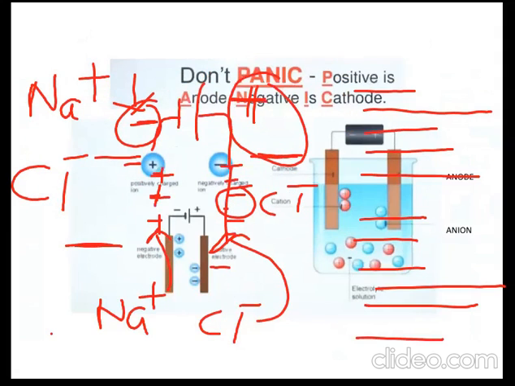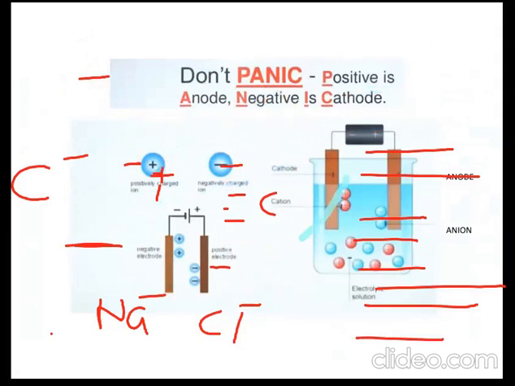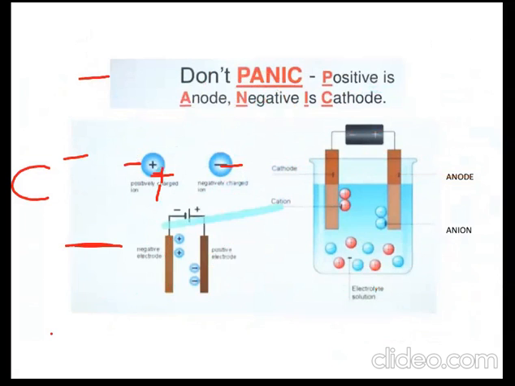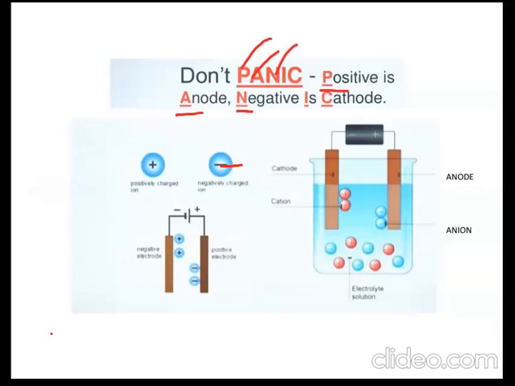If you want to remember this, there is a trick: DON'T PANIC. We are going to use the same concept of don't panic to learn anode and cathode. In DON'T PANIC, P stands for positive, A stands for anode, N stands for negative, and I stands for is, and C stands for cathode. Let me explain.